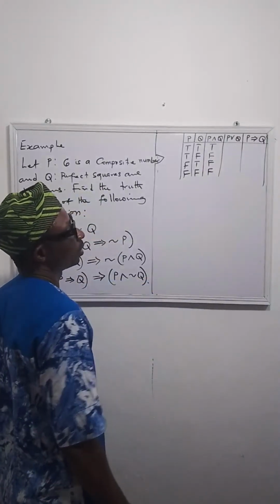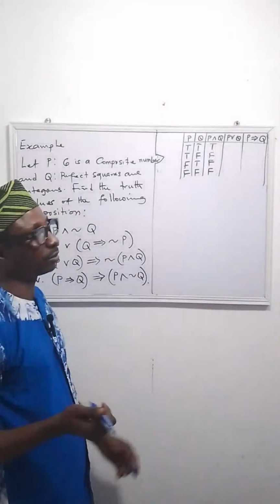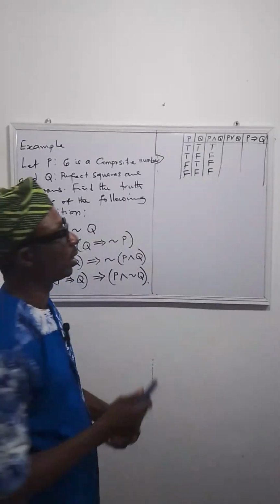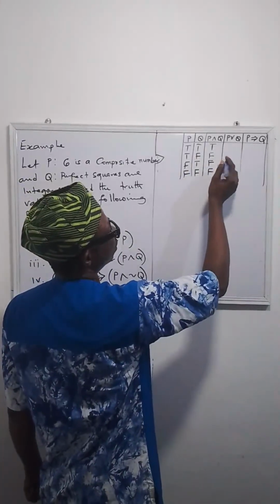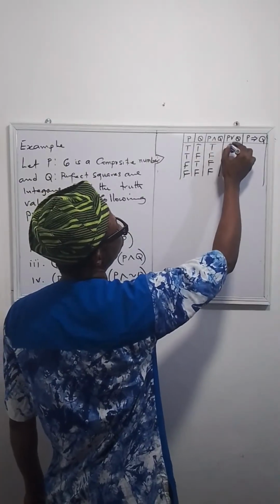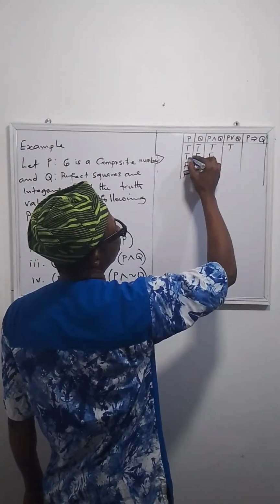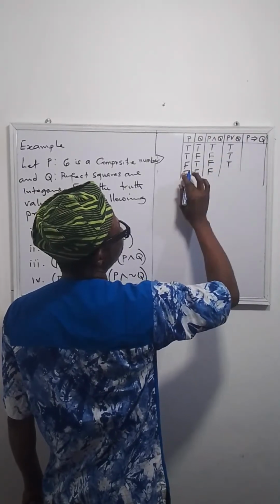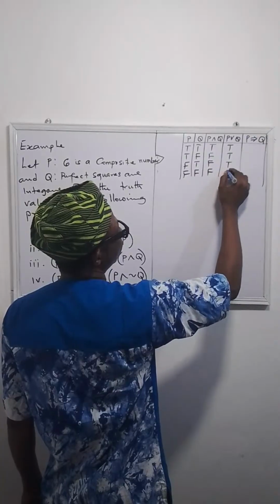You can check my last video. I explained all of this, how we arrived at all of these results. So now for or, we have true or true is true, true or false is true, false or true is true, but false or false is false.